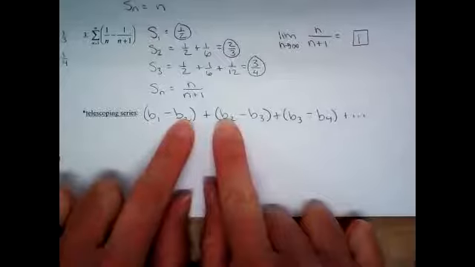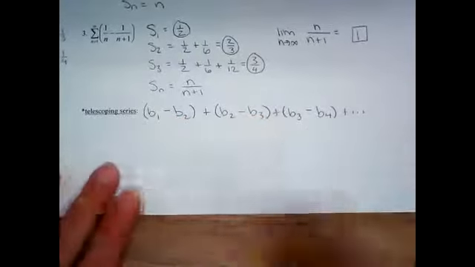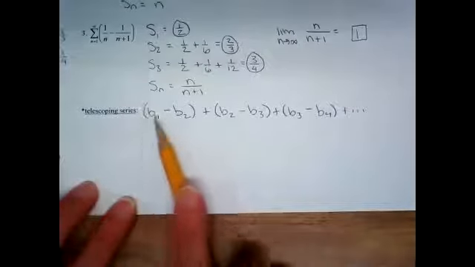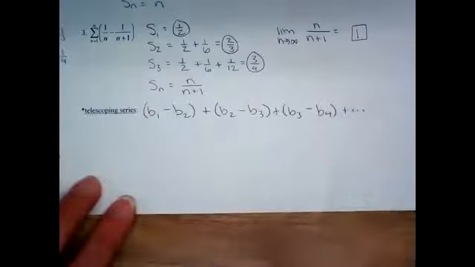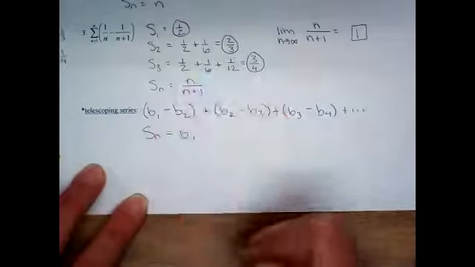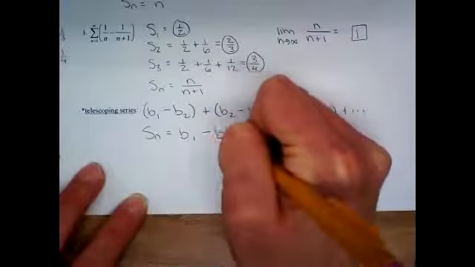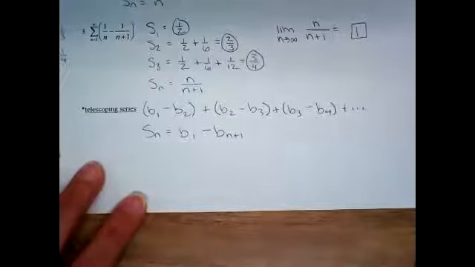Do you see how this is minus B2 plus B2 and minus B3 plus B3? And that's going to happen forever and ever. So you're only ever going to have the first term, and then wherever you stop, minus whatever that last one is. So S sub n equals that first term minus whatever that last one is, which would be B sub n plus 1.